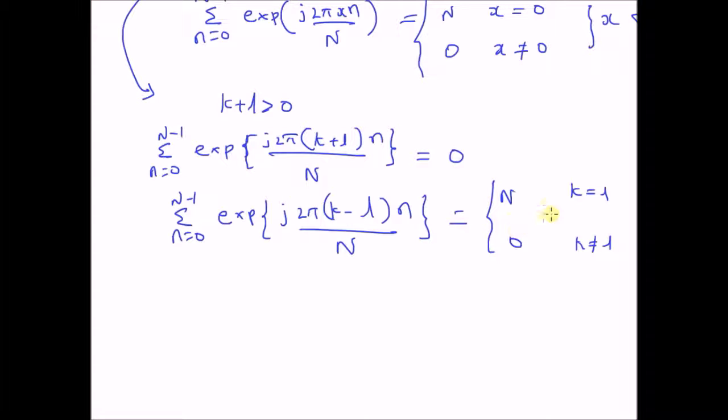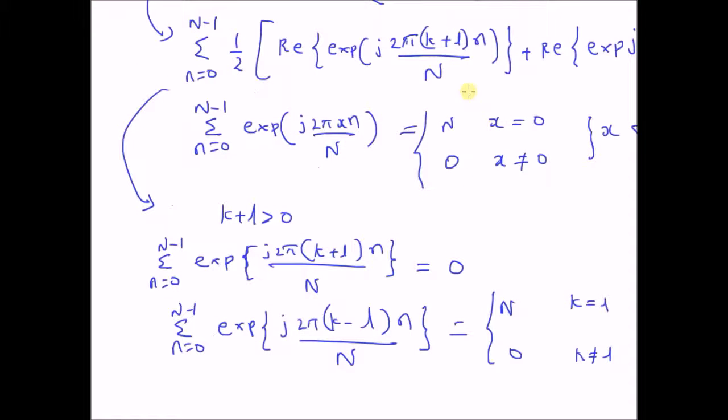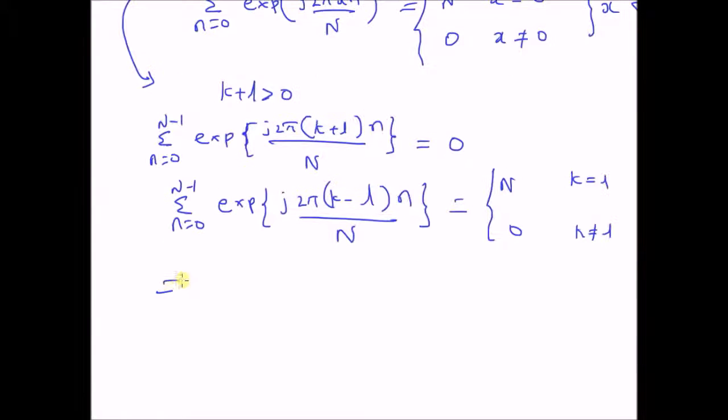So by inserting this result, you can clearly see that the initial sum becomes 1 by 2 multiplied by 0 for the first sum and N times delta of k minus l for the second sum. That is, it is equal to N for all values of k equal to l.